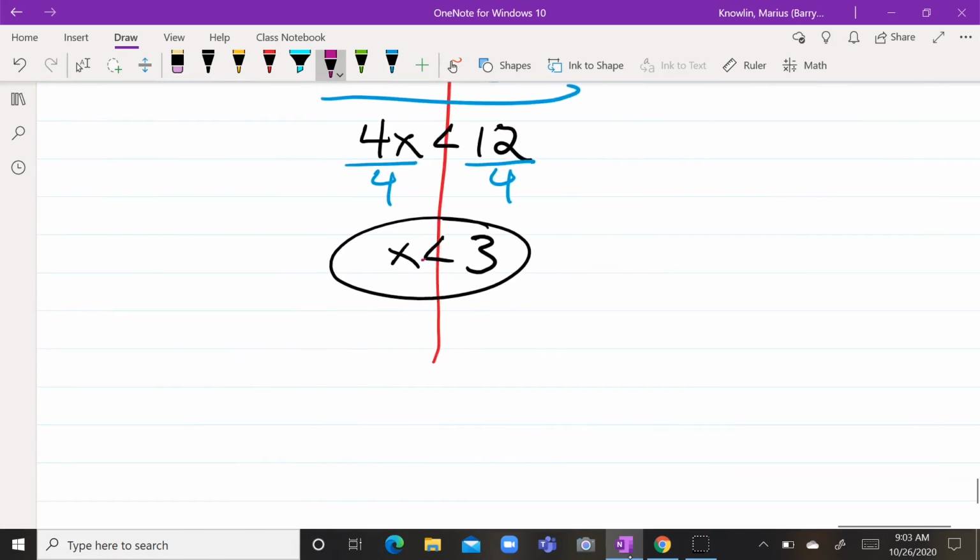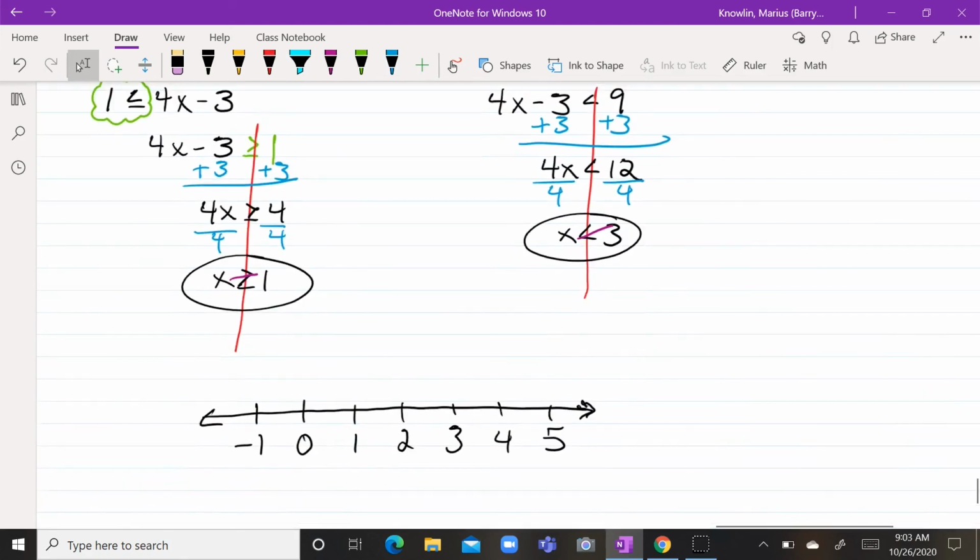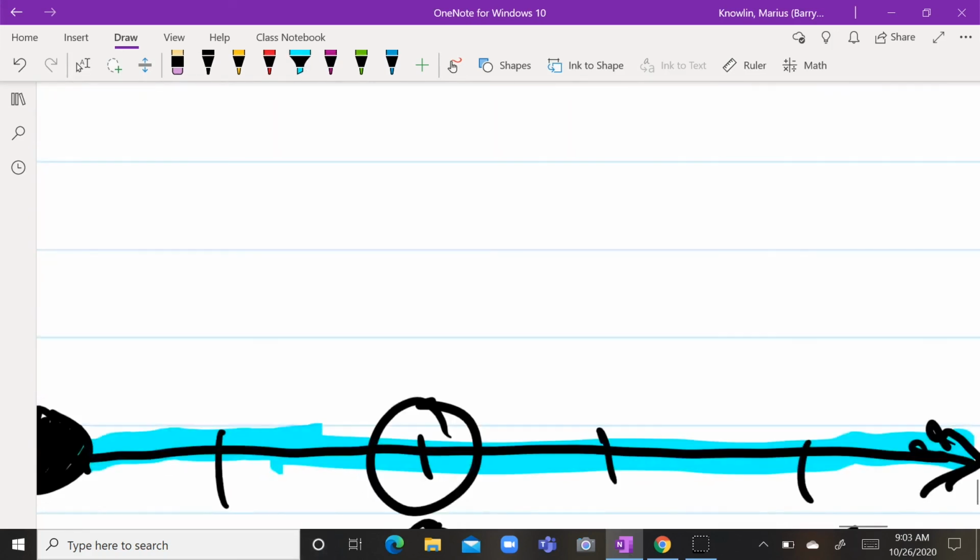And for the positive 3, we're going to have to shade to the left. So the positive 1 is going to get a closed circle, while the positive 3 gets an open circle. And the positive 1 I'm going to shade this way.